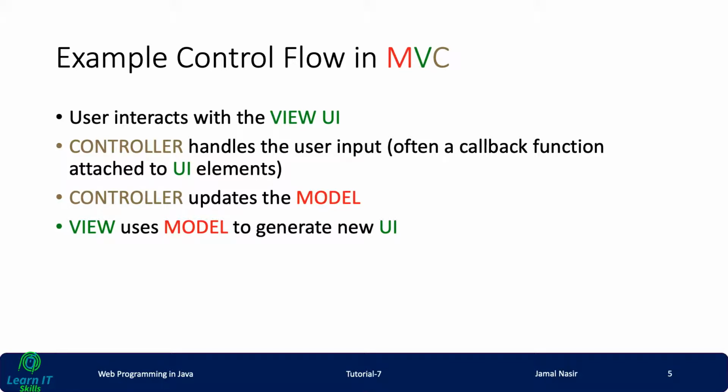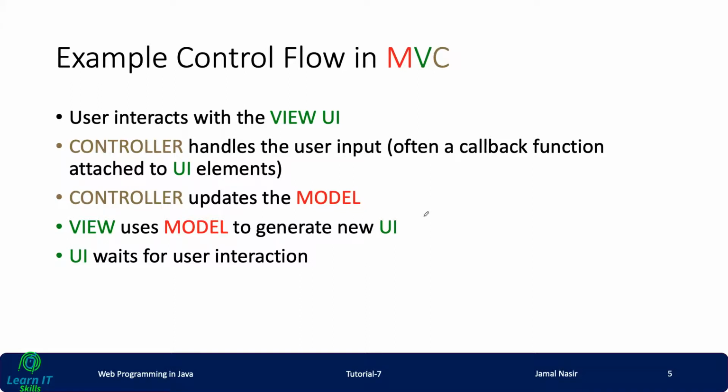Then the home page, that view, would use that model to update or generate a new user interface for the user. Obviously the user interface would be waiting for user interaction.